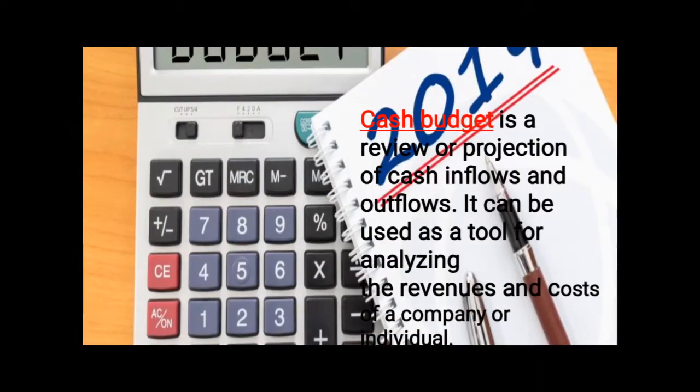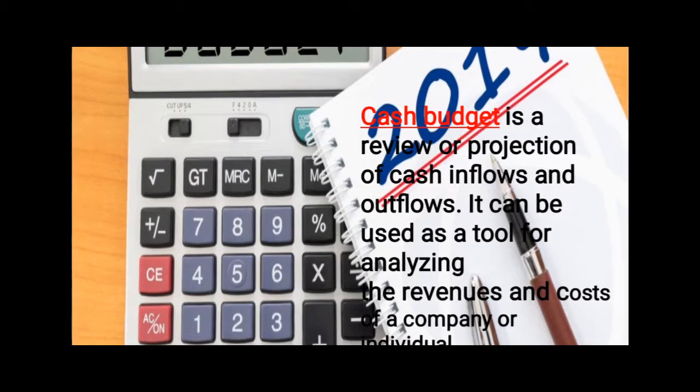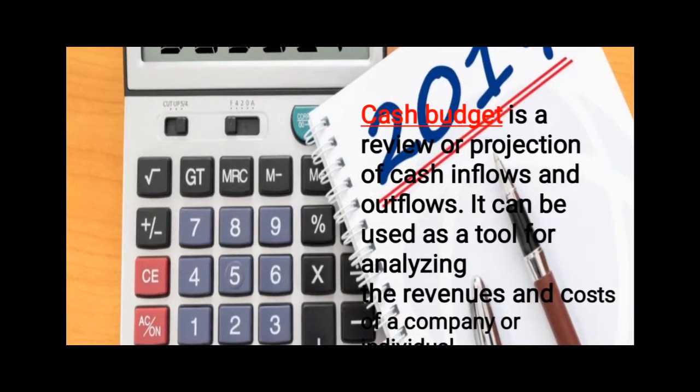Cash budget is a review or projection of cash inflows and outflows. It can be used as a tool for analyzing the revenues and costs of a company or individual. Cash budget is a planning tool used by companies and individuals to evaluate projected cash flows during a specified period of time: monthly, quarterly, or annually.